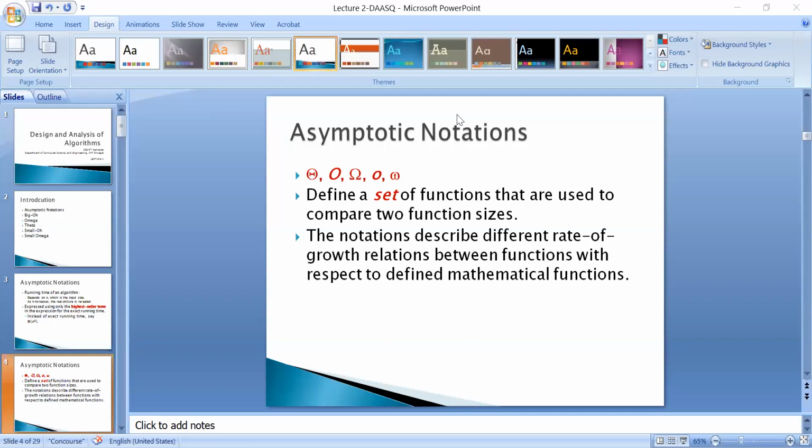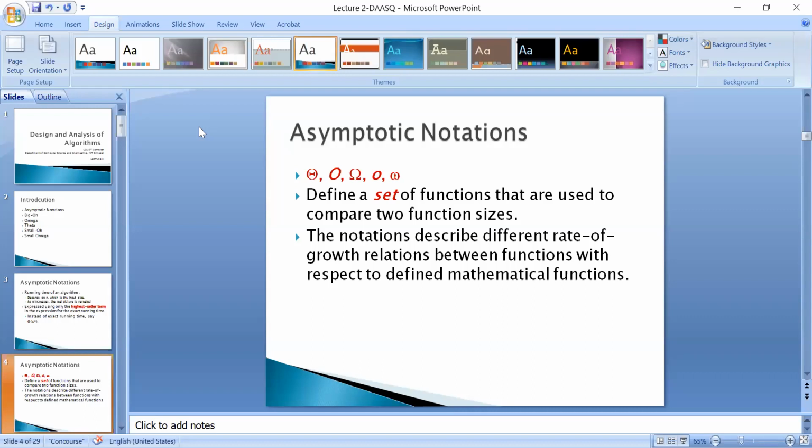These are standard functions that are defined to compare two function sizes. So you write your function, you write your program, you calculate its runtime based on what you are using, recursion, loops, and then you get a mathematical equation. At the end of the course you should be able to see that equation and tell me whether it's O of n square, O of log n, what your program runtime is.